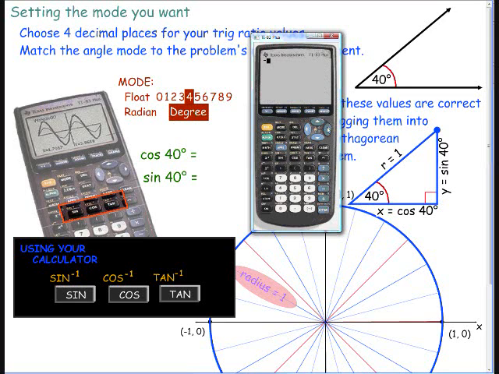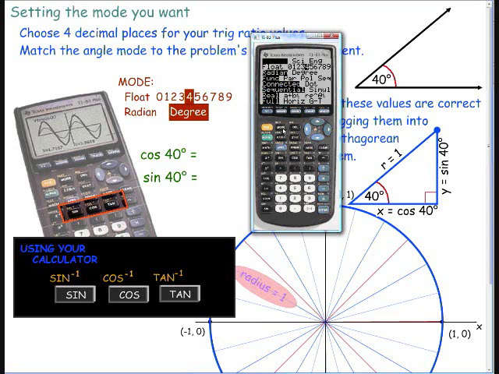And then float, we can choose the... how do I do this? I want to delete that. Clear. Okay. Try it again. Mode. And I'll go down and over to 4. And now, if I go to, let's say, sine, did I check degrees?